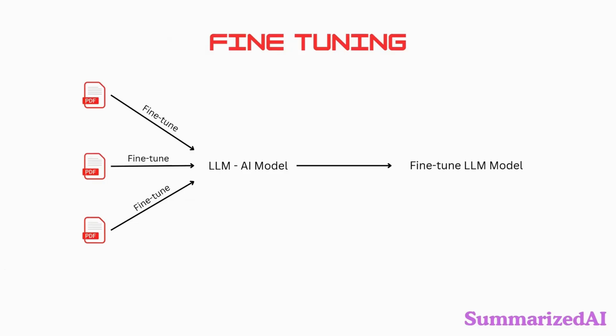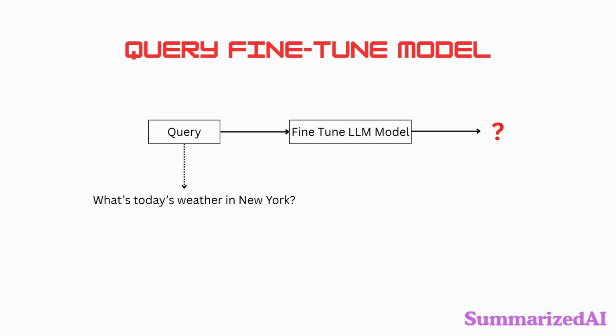Fine tuning AI models requires significant effort, cost, and resources even for making a small update or change. For example, if you ask an AI model, what's today's weather in New York? Fine tuning won't help because the model only knows information up to the point it was trained. Its knowledge is frozen and cannot reflect real time data like current weather, stock prices, or breaking news.